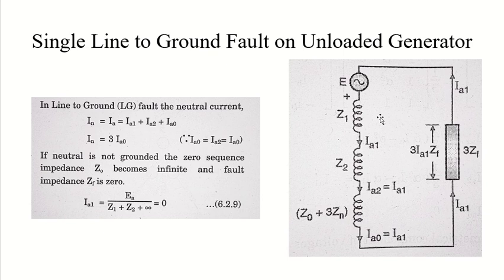So what does it indicate? It indicates that for this system, the fault current IA will be 0 if my zero sequence impedance becomes infinite.